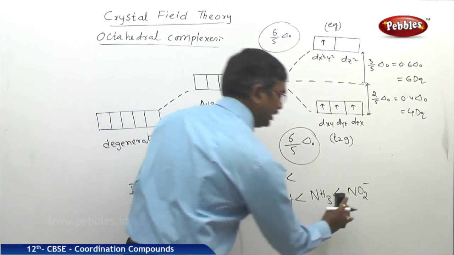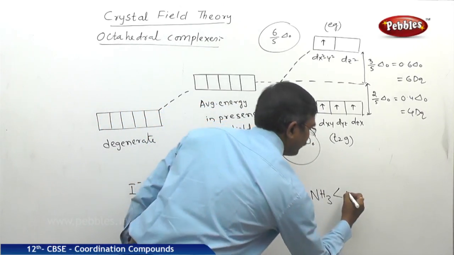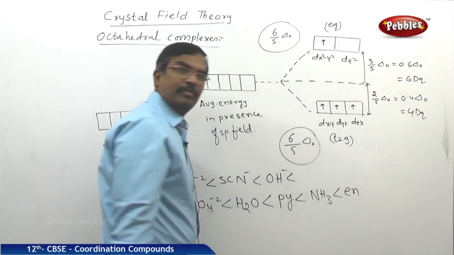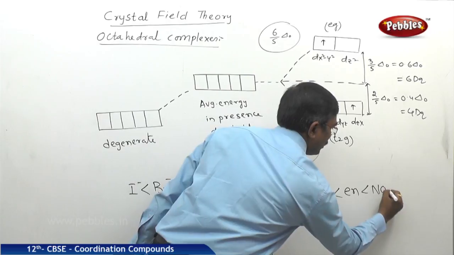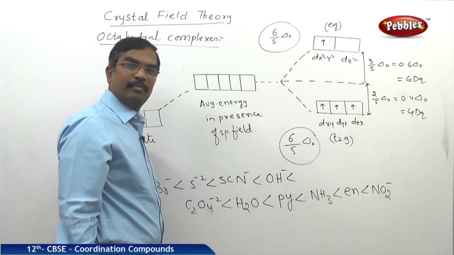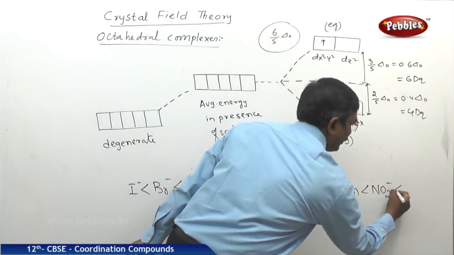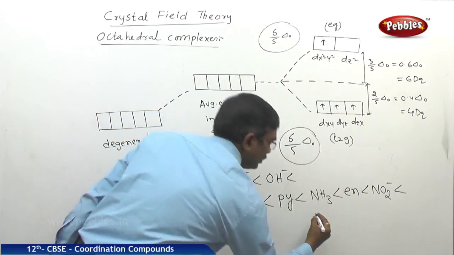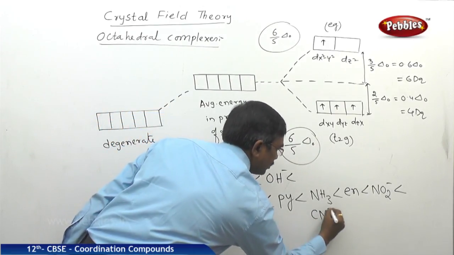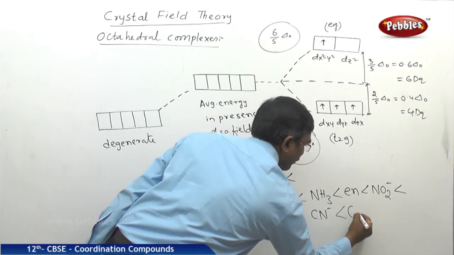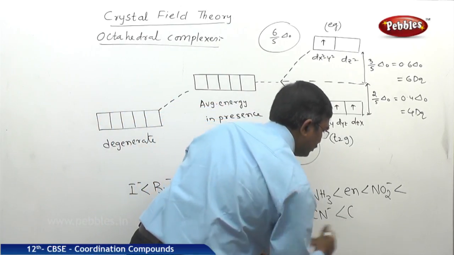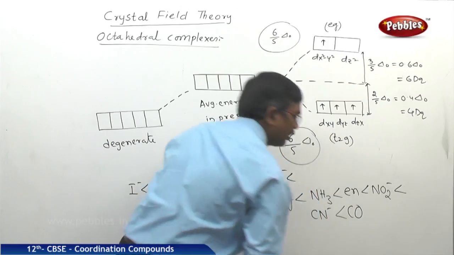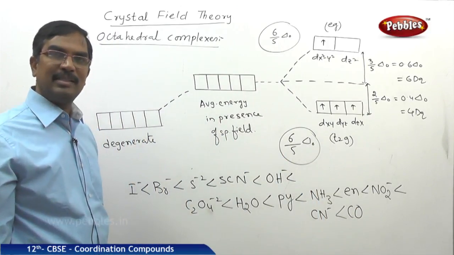Of course, we can have EN, ethylenediamine. This will show a smaller field when compared with NO2 minus. And this will show a smaller field when compared with CN minus, which shows a smaller field when compared with carbon monoxide, CO. So the maximum, the highest field, is shown by carbon monoxide.